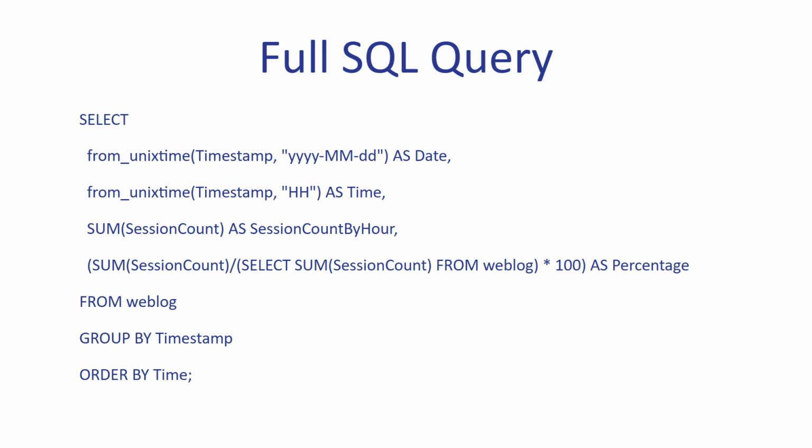Here we have written sum of session count divided by select sum of session count from weblog, that is the total. For example, marks obtained upon total marks into 100 will give us the percentage. Similarly, this is the session count upon total session count into 100 as percentage from weblog, grouped by timestamp, time.